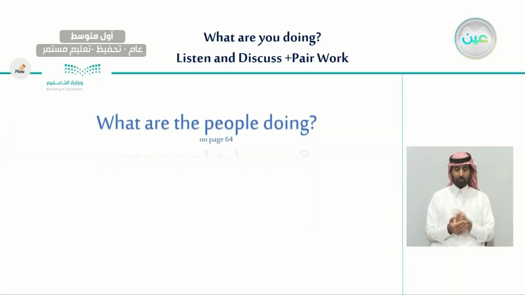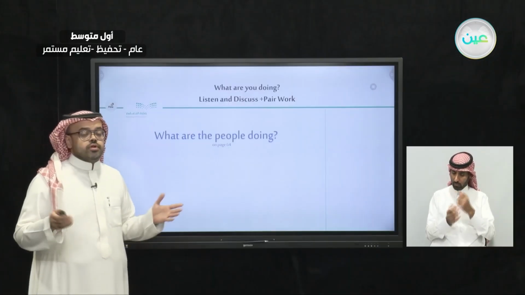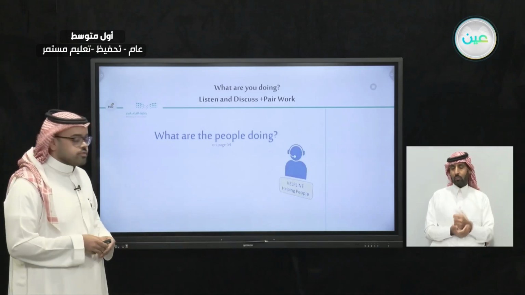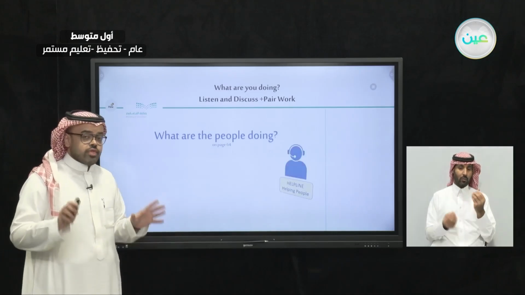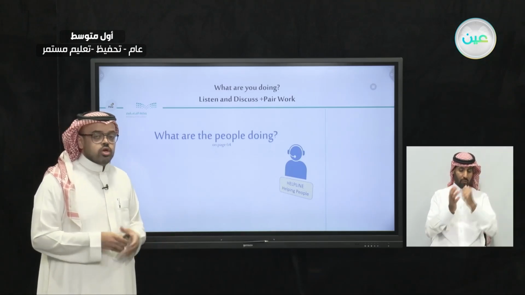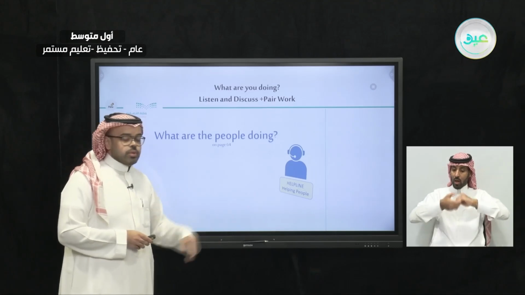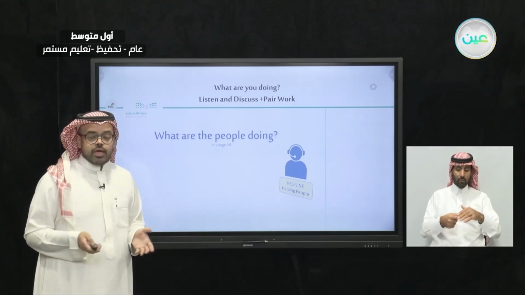So on page 64, you will see a list of people who are doing different things. And at the top of that page, you will see a sign that is called Helpline Helping People. What do you mean by a helpline?